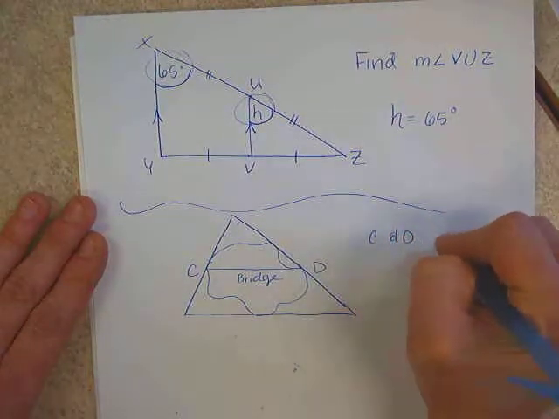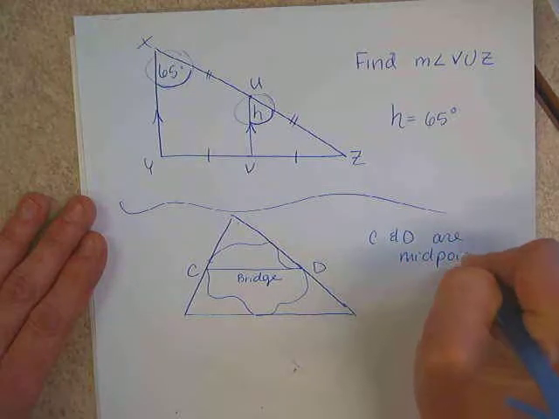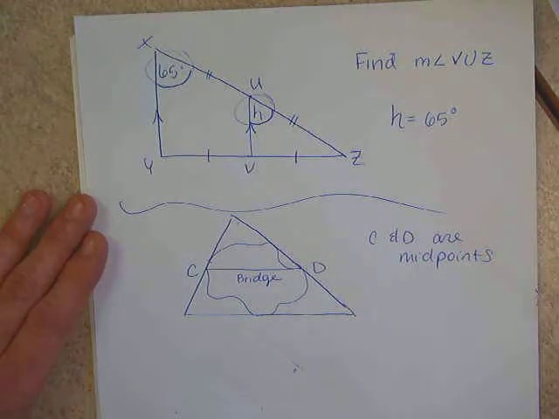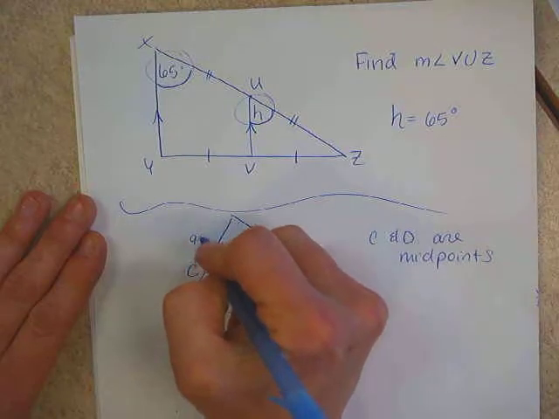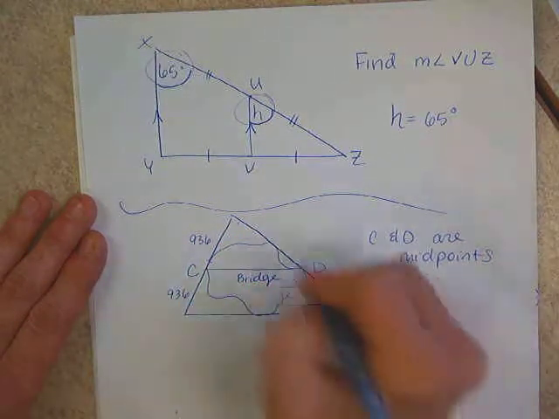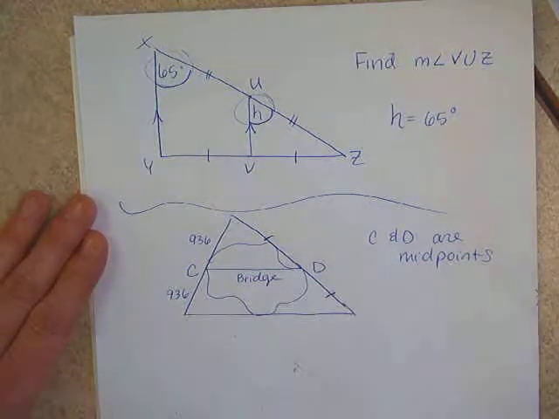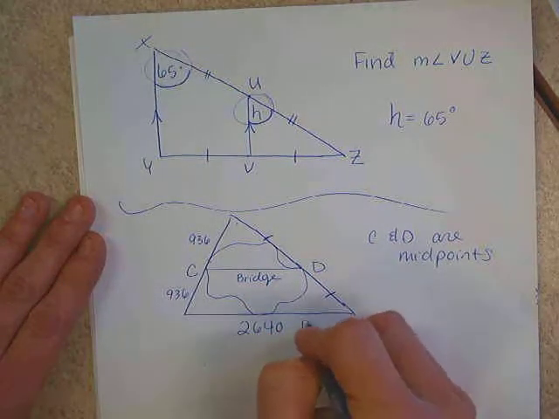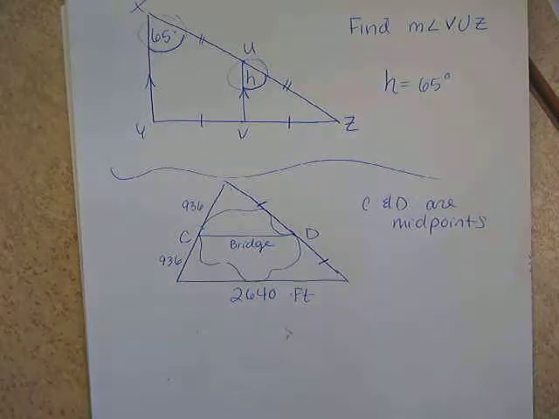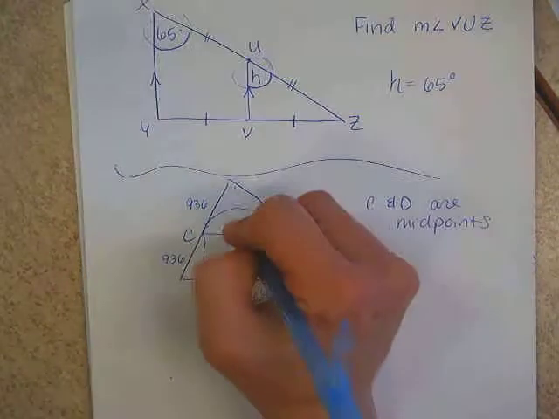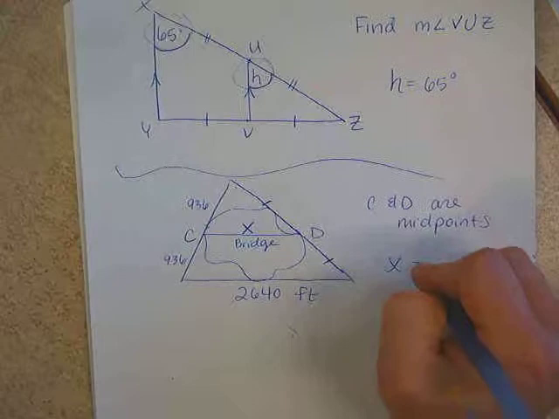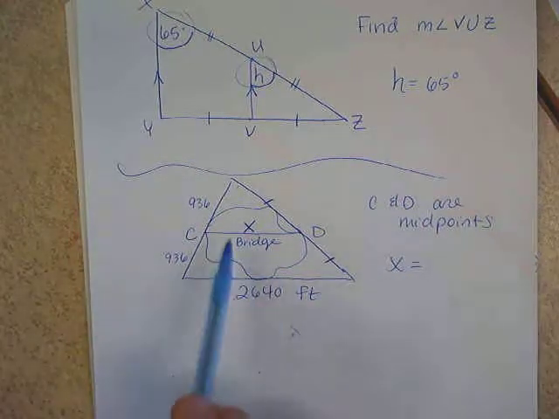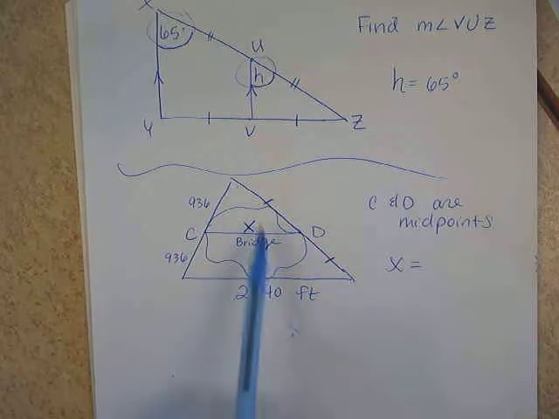You know, you'd need probably some special equipment, but if this is where your bridge is going to go, if you can do a triangle and say, well, I've got C and D being midpoints, and I know the length of the third side is 2,640 feet.